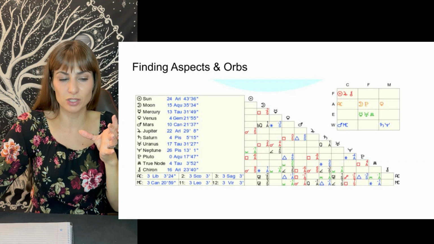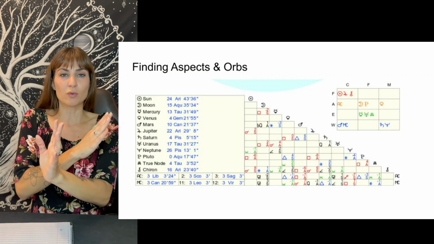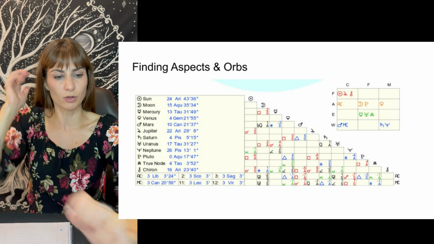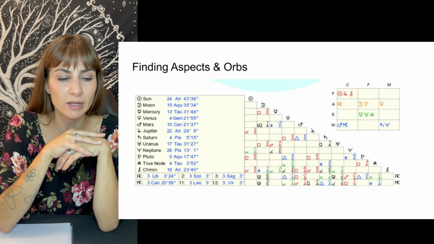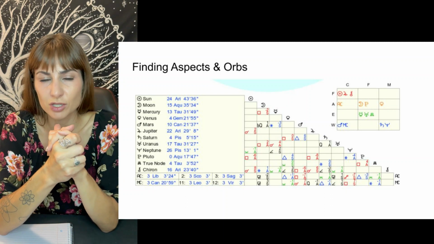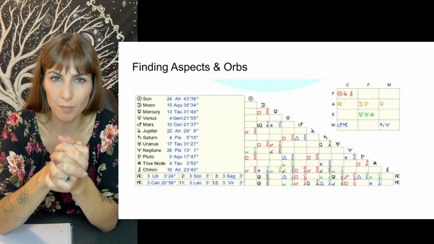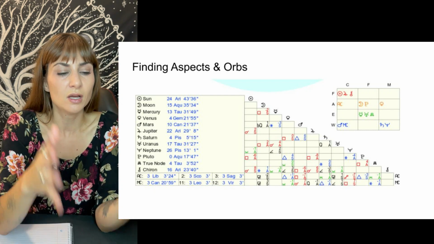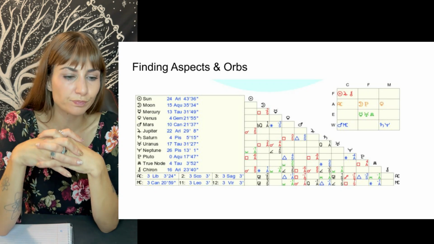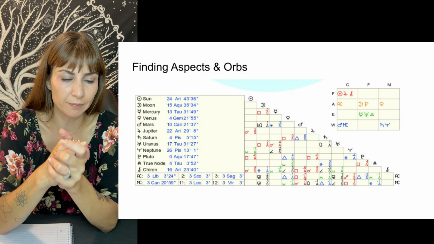It is applying to it. If it had the S, it would mean that the moon is moving away from Uranus: applying versus separating. I don't think at this stage of your interpretation this is something you should get hung up on. I want you to just focus on the number, the orb degree, the orb allowance, and what planets they're between.